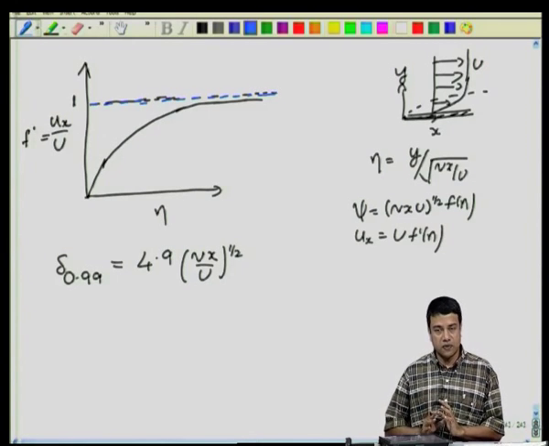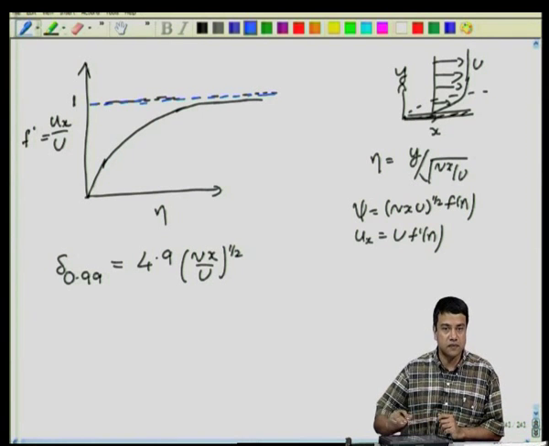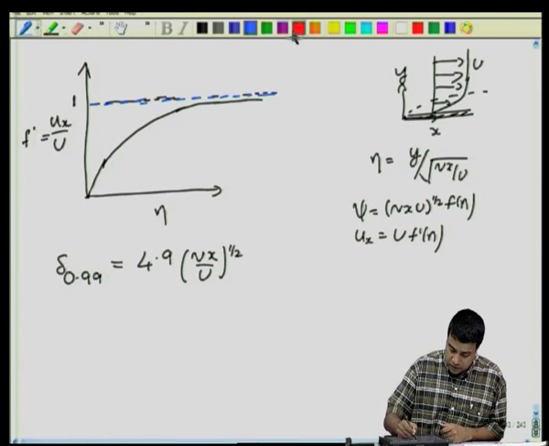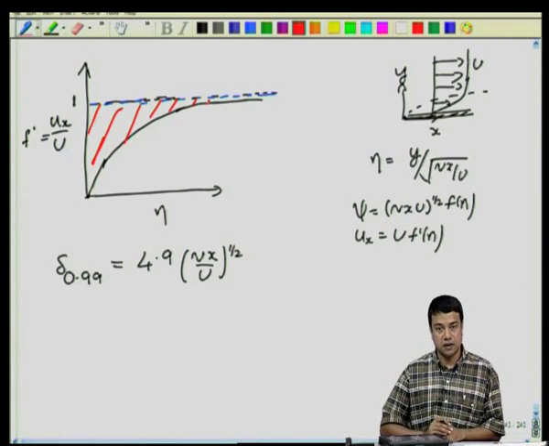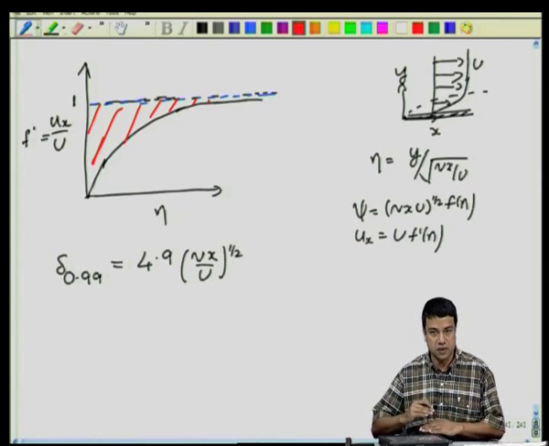So, the actual flow rate past this plate is smaller than the flow rate you expect in a potential flow, because the potential flow has assumed this constant velocity, whereas the actual flow has a lower velocity. Therefore, there is a deficit in the flow rate corresponding to this area under the curve, because this plate is slowing down fluid close to the surface.